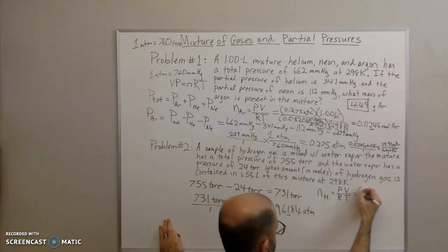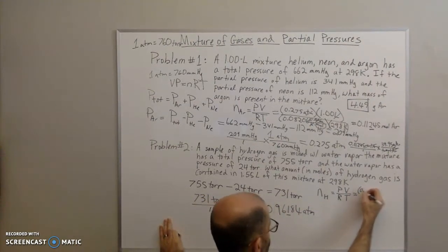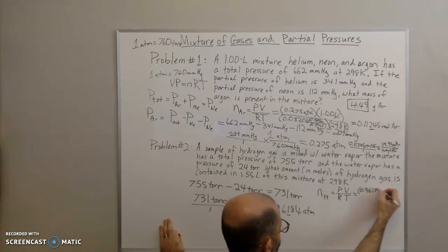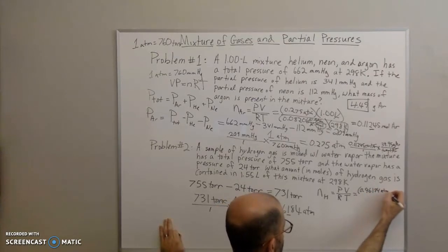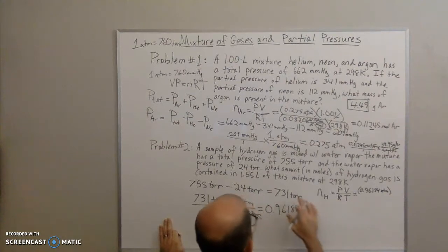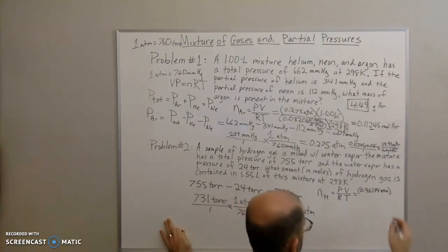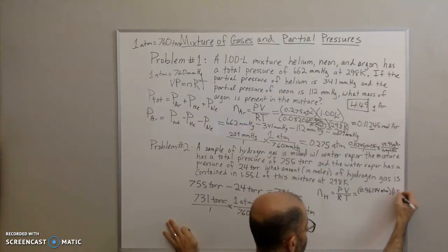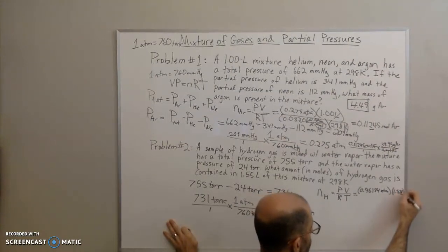So pressure is going to be 0.96184 atmospheres times the volume, which is 1.55 liters.